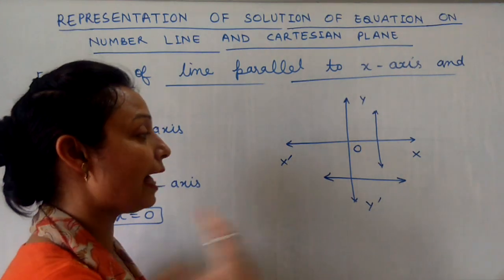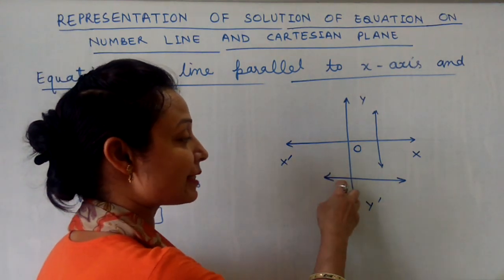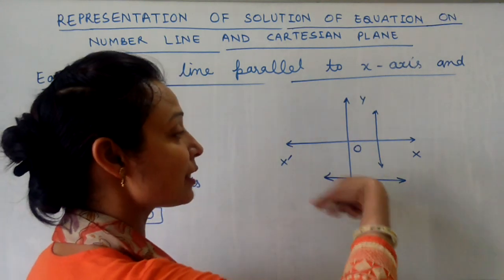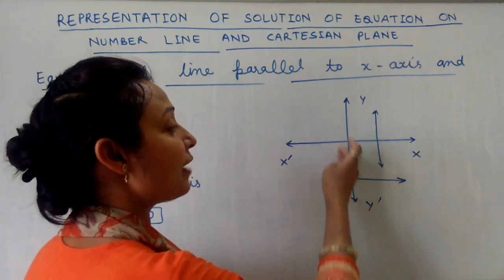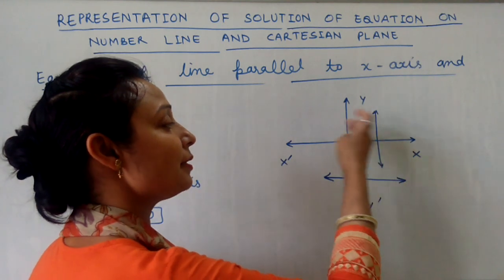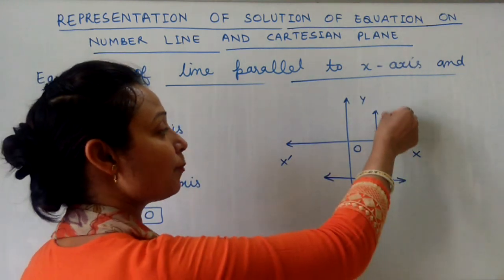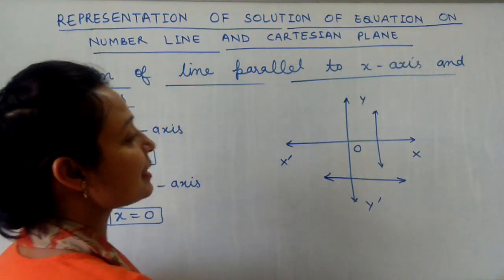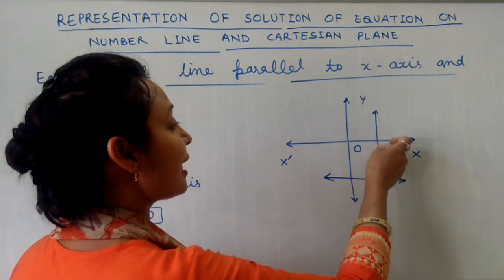If we consider any line which is parallel to the y-axis, at that point x becomes 0. Okay, there is only the point of x. X remains the same for the parallel. X remains the same.